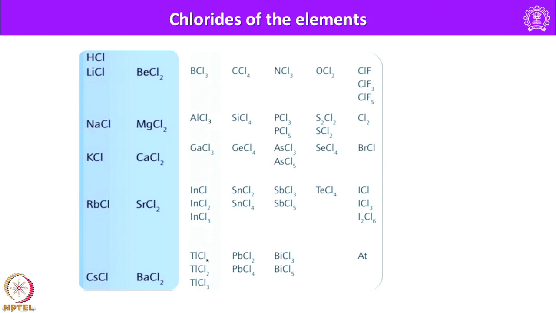That means, here in case of thallium, the chloride is stable, in fact thallium trichloride is oxidizing in nature. Of course, here the inert pair effects start coming into the picture. I will elaborate what is inert pair effect when you go to P block chemistry.